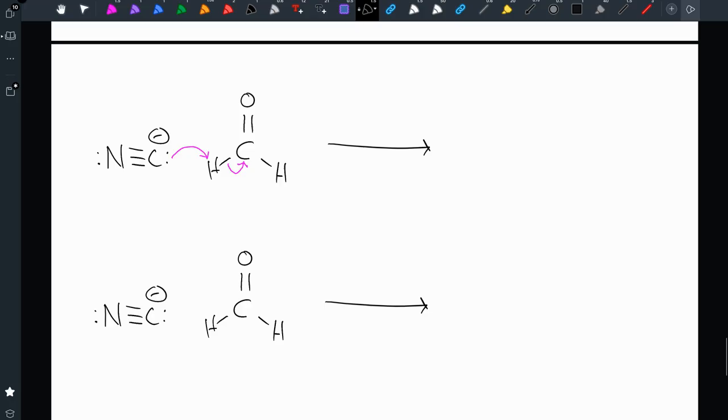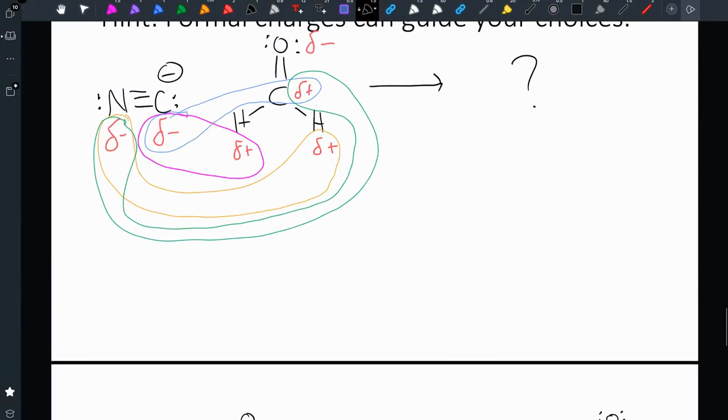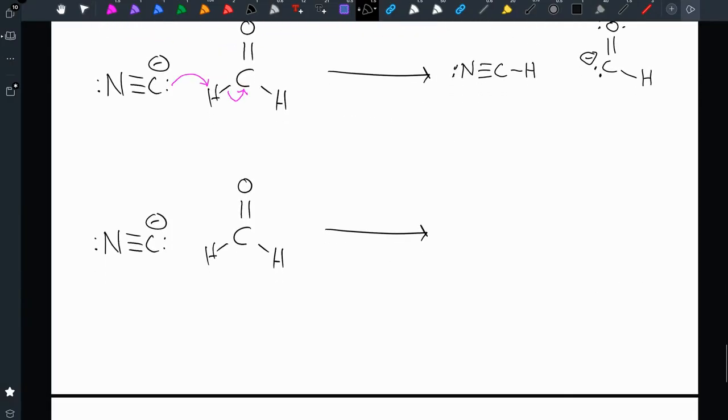That would give me this set of products. And now this carbon's going to have a negative formal charge. I also said I could have carbon donate to carbon.